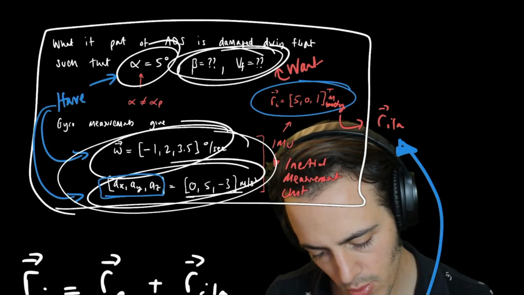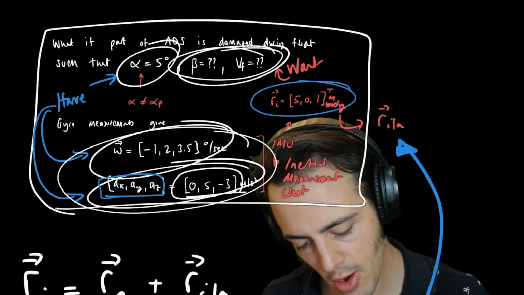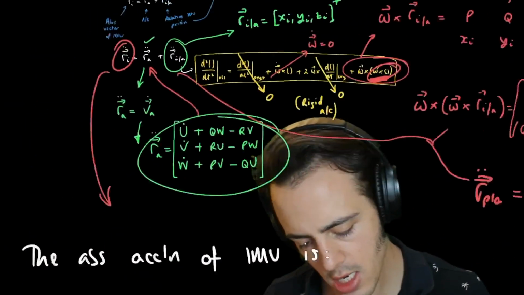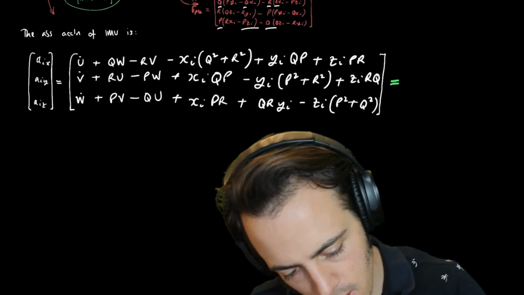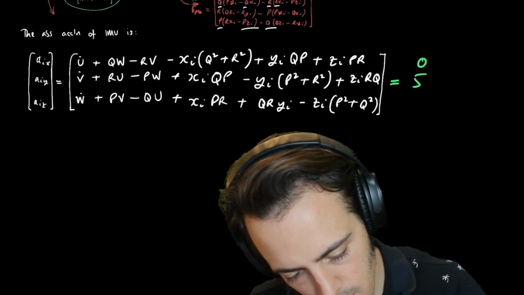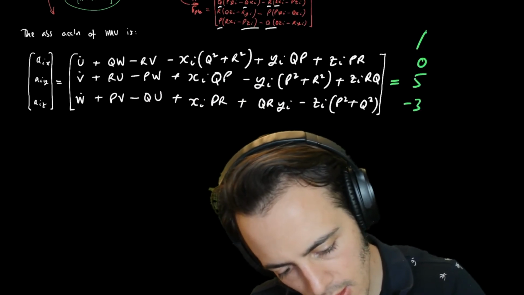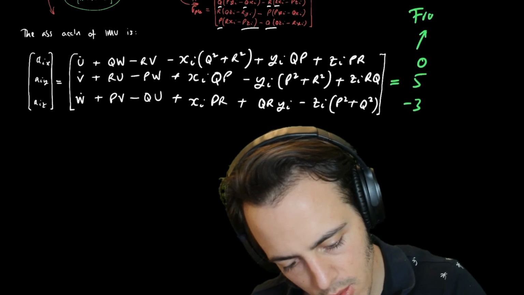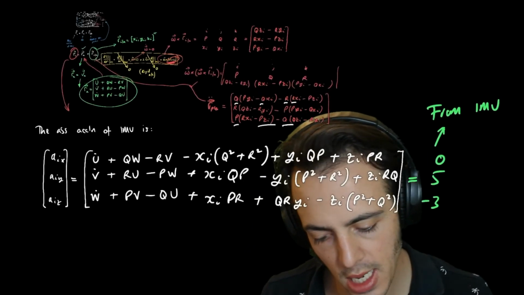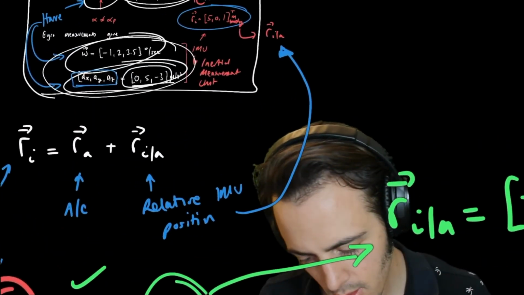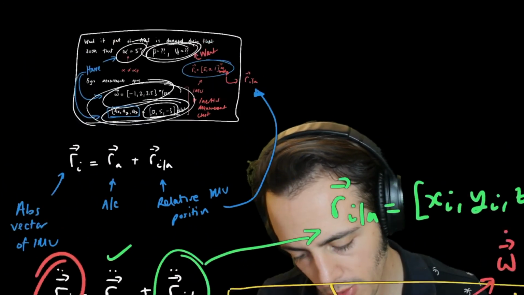So we've got the left hand side 0, 5 and minus 3. So this is from IMU. We also know PQ and R. We've got PQ and R are minus 1, 2 and 3.5.